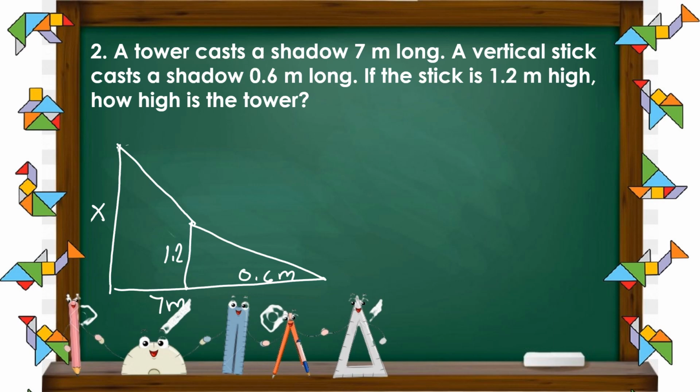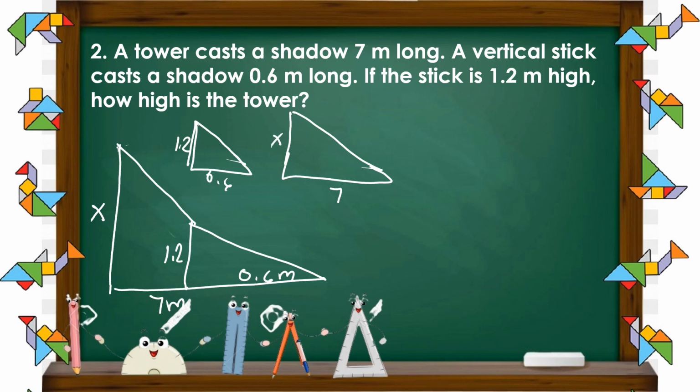So in this case, we can use a proportion to solve this one. We have here 2 triangles, and we have your similar triangles here. You have your small triangle, which is 1.2 and 0.6, and the other right triangle, the bigger triangle, this is 7, and this is unknown.